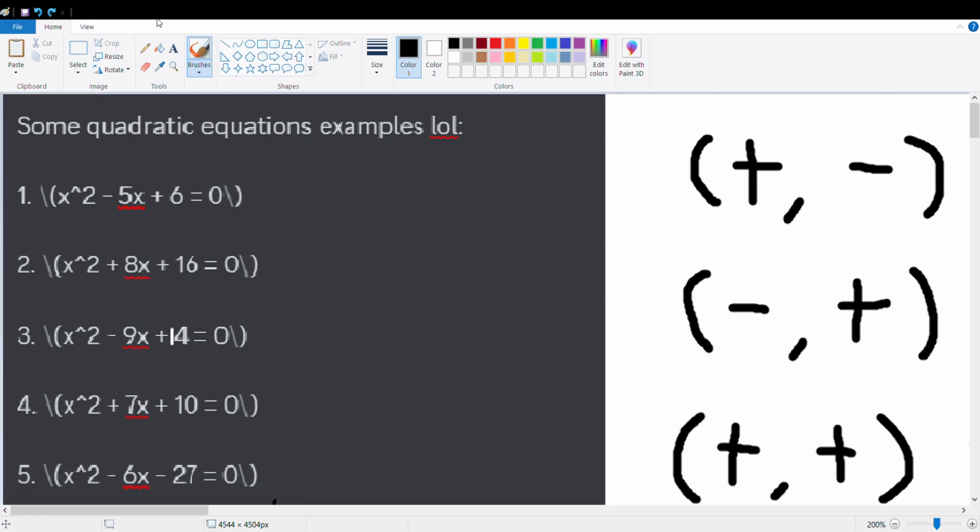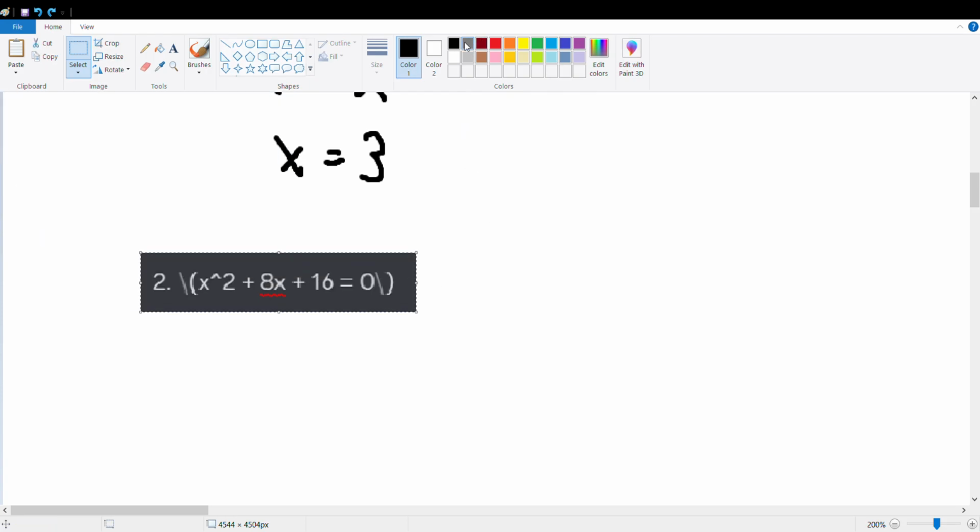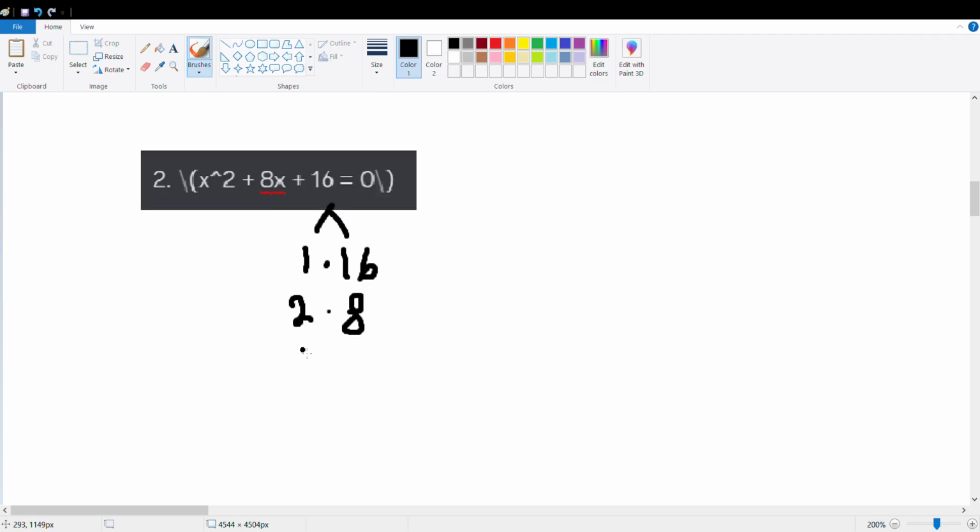Alright, number 2. So right off the bat, for positive numbers, they're always going to be the same. 16 has factors of 1 times 16, 2 times 8, and 4 times 4.